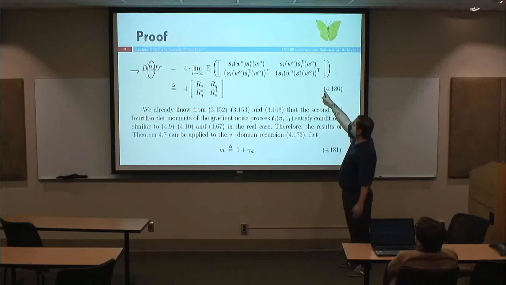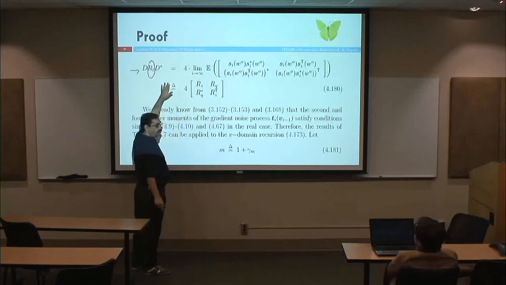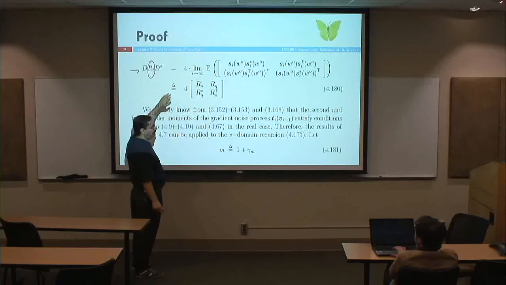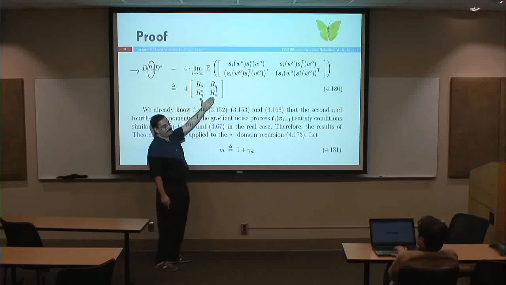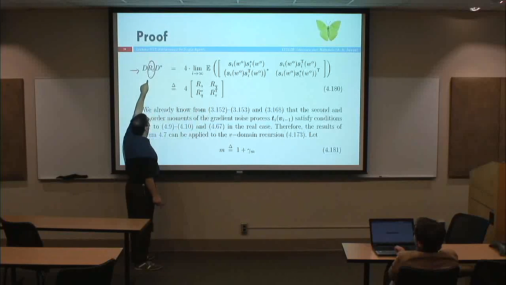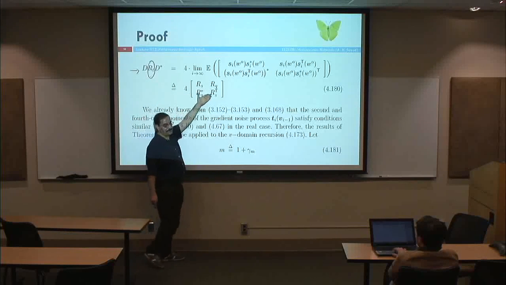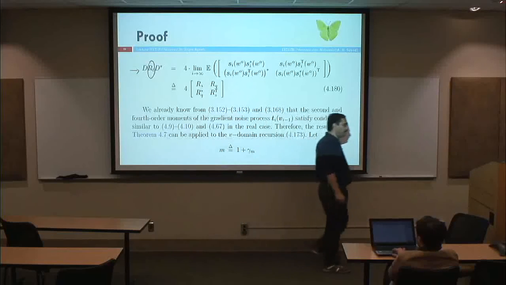And apart from a 4 here, which will come up when you do the calculations, what you get up there is exactly the extended covariance matrix. So the covariance RT, up to the D D star, which we are going to get rid of very soon, the covariance of the gradient noise in the real domain, is related to this extended matrix.